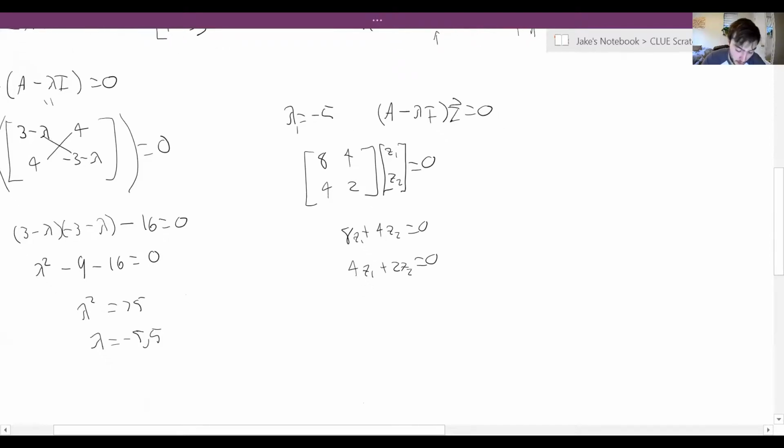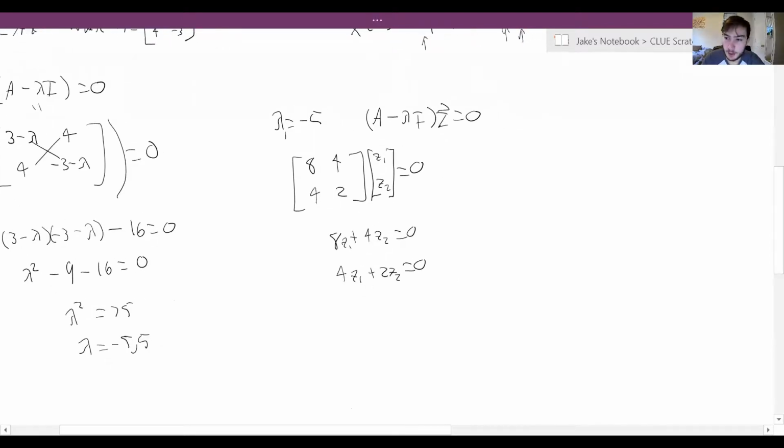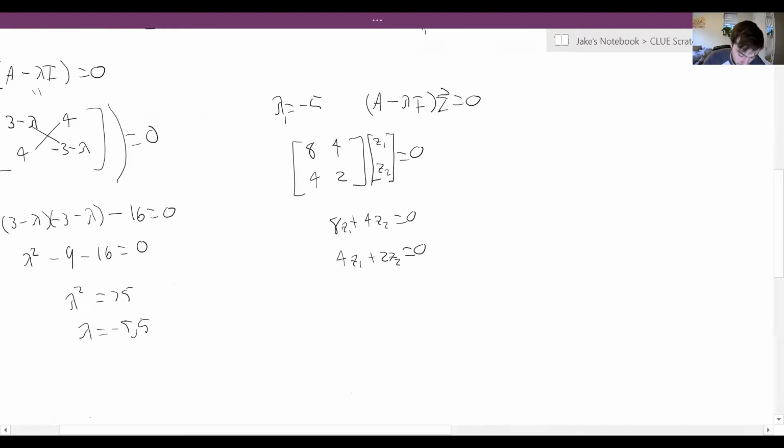So basically, what we want to do is find a z1 and a z2 that would satisfy this. For example, if we pick z2 to be negative 2 and z1 to be 1, I think that works, right? Because we get negative 8 plus 8, that's 0, and negative 4 plus 4, it's 0. So z1 is 1, z2 is negative 2.